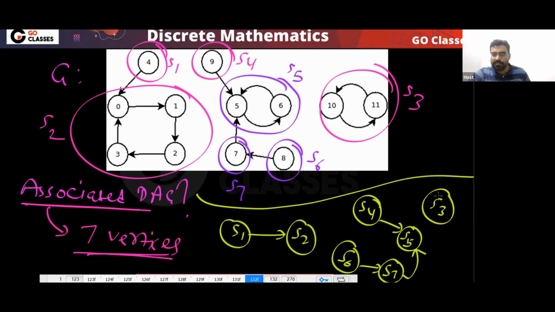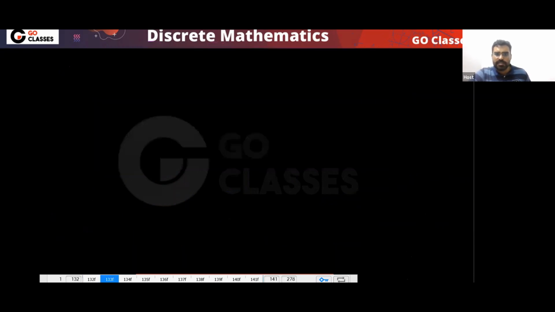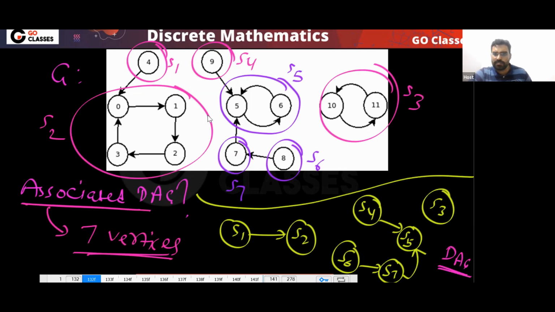And there is S3. This will be the answer. Can you notice this is also a directed acyclic graph? Is this clear to everyone? Does anyone have any doubt in this?